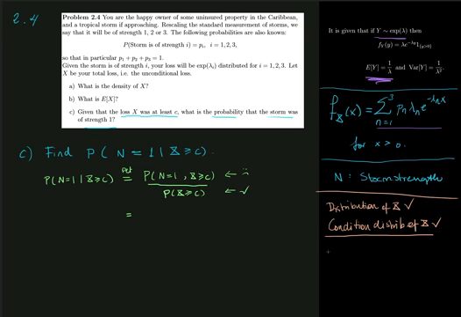So again, we recall the formula that the probability of one thing conditioned on another is equal to the probability of their intersection divided by the probability of whatever we condition on.